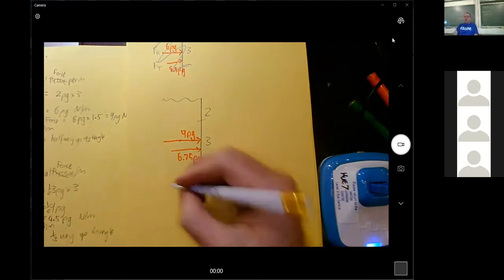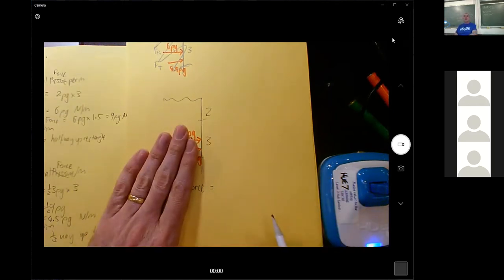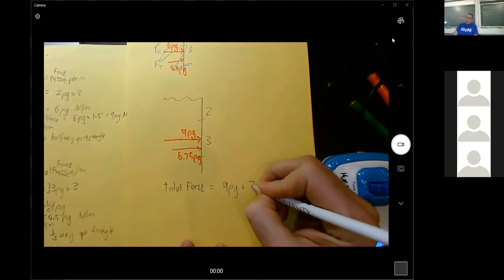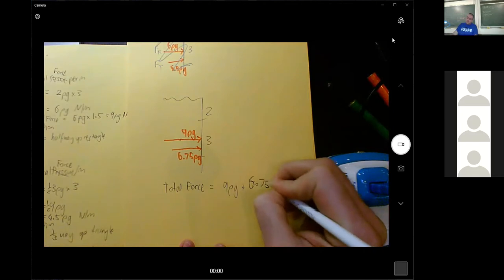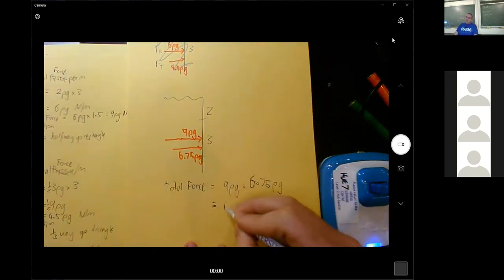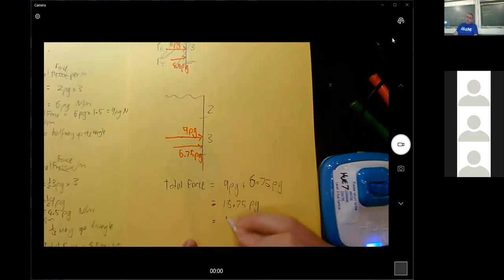So the total force, these two arrows are pointing in the same direction. I can just add them. And then that would be 15.75 times 1,000 times 9.81, which is whatever it is.